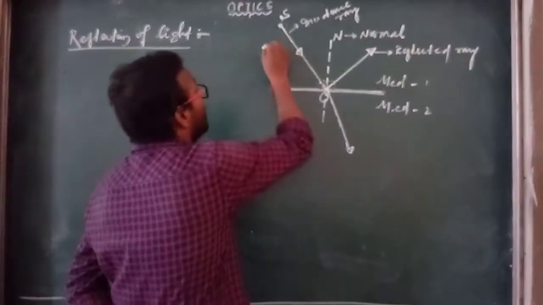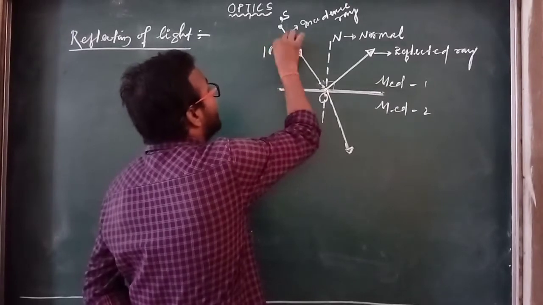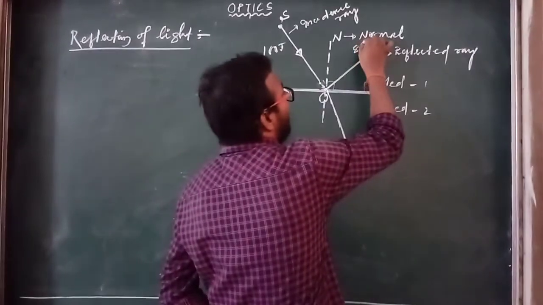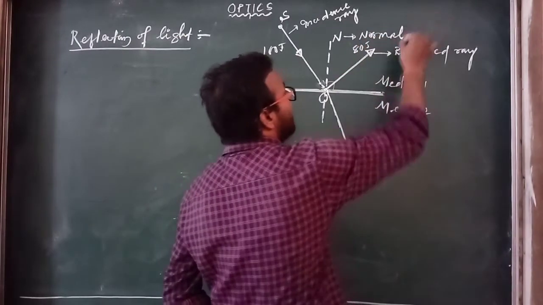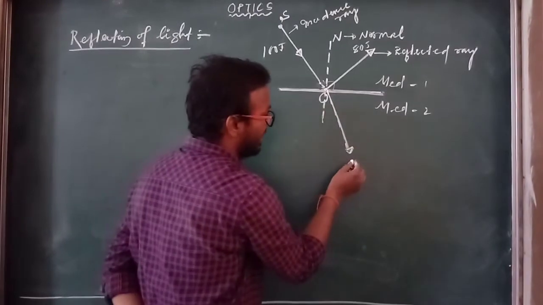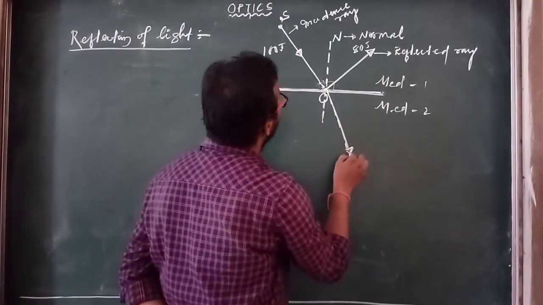Suppose 100 joules of light is incident and 80 joules is reflected to the original medium, and the rest, 20 joules, is transmitted into this medium.